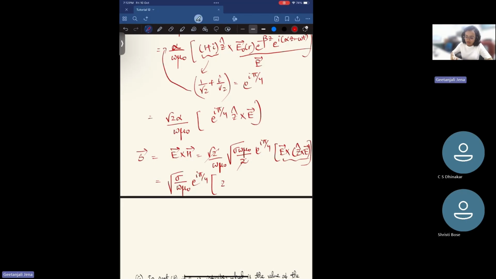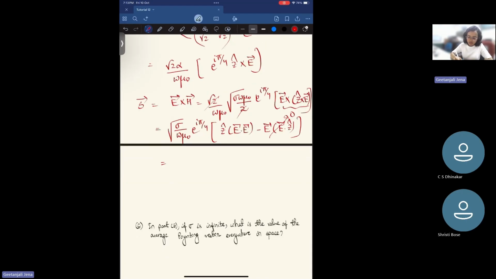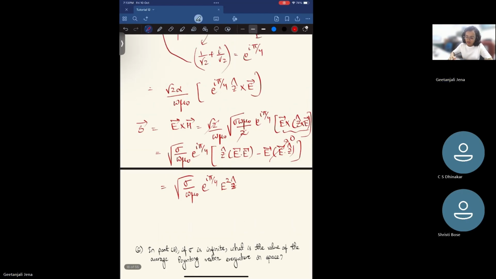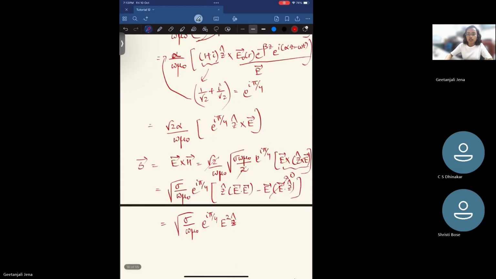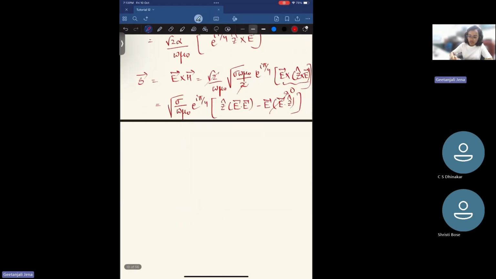This will give Z E dot E minus E dot J. This is 0. So we have sigma omega mu naught e to the power i pi by 4 E square Z. Okay, so this is the Poynting vector that we have.